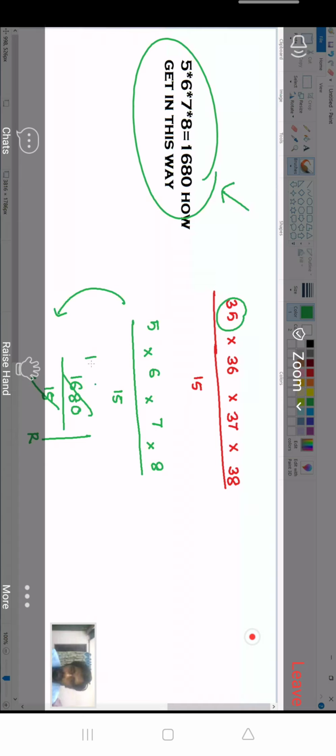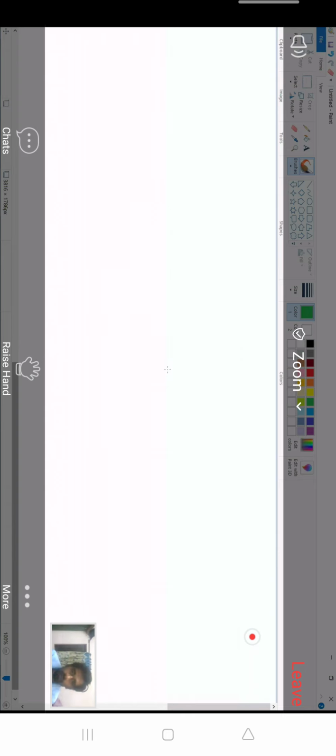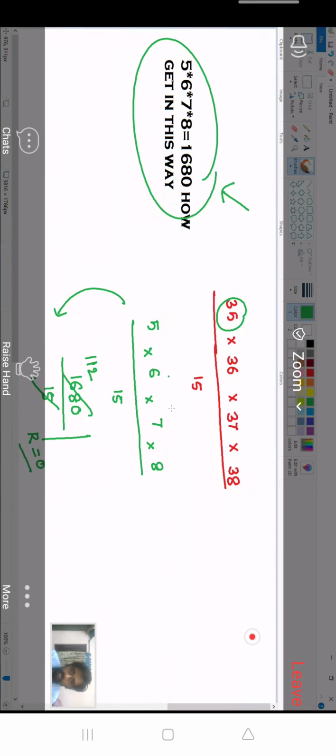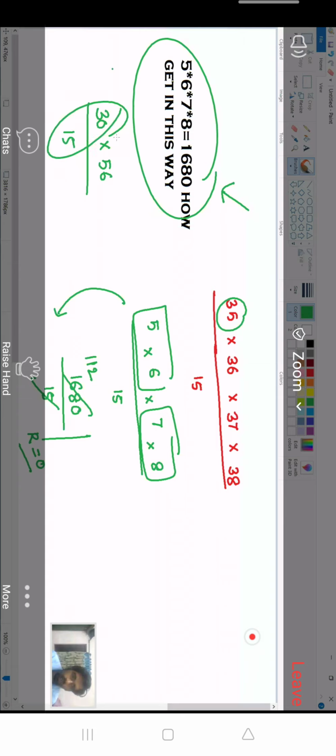15 ones are 15, we are left with 30. 15 twos are 30. What is the remainder? The remainder is 0. But doing it like this is taking time. That's the reason I'm taking them individually. As 30 into 56, I'm dividing with 15. 15 twos are 30, the remainder is 0.